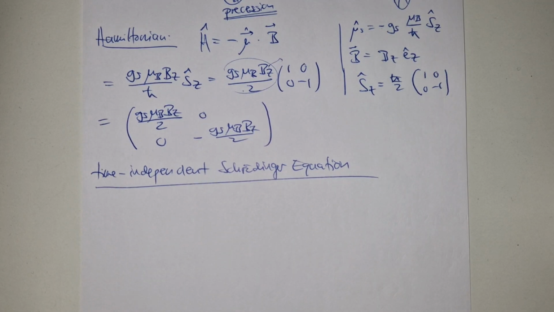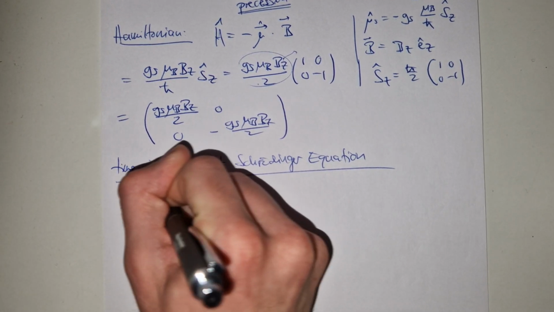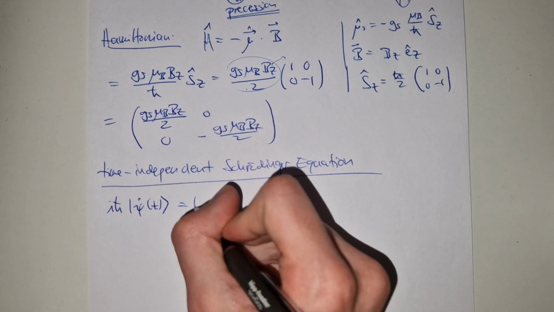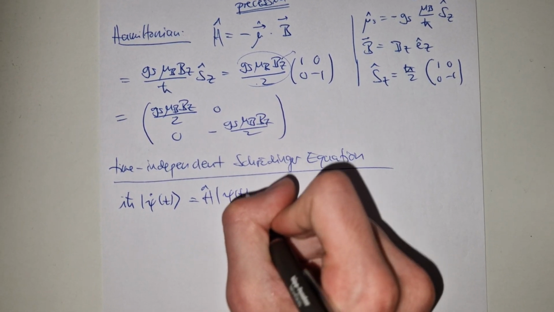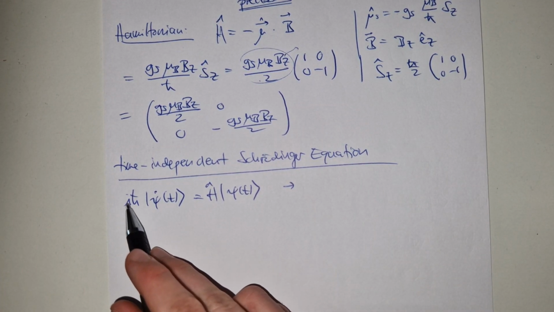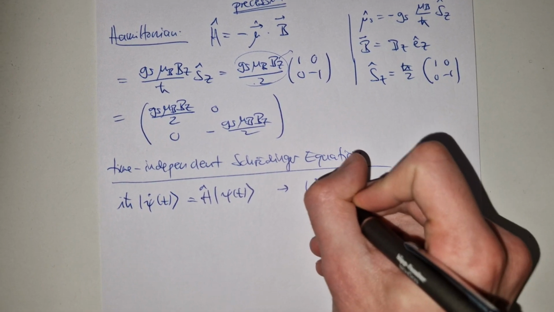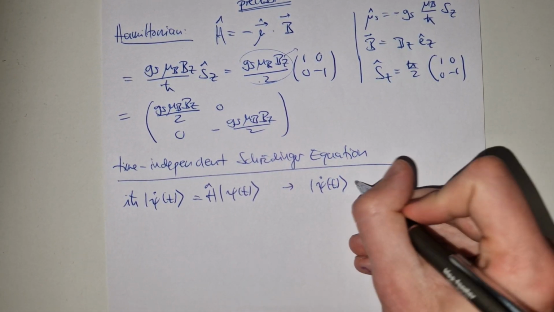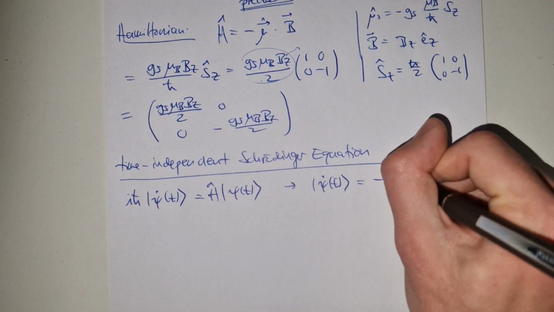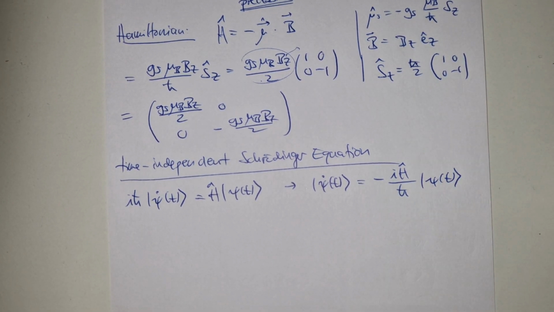So we can use this equation, which is given by i h bar times quantum state dot, so differentiated with respect to time, is equal to Hamiltonian times quantum state. In other words, by dividing by h bar times i, we get that psi dot is minus i, since dividing by i is like multiplying with minus i, times Hamiltonian divided by h bar, times psi.